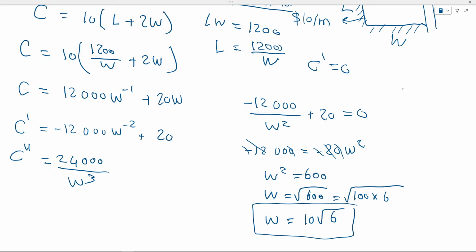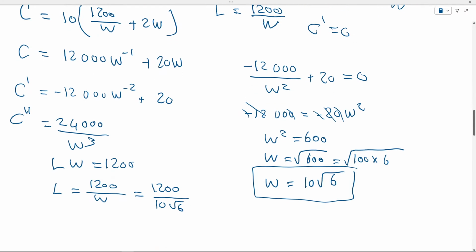If I got W, I can get the length easily because I know that length times W is equal to something like this. So what would be the length? The length would be this guy over W. So this guy over this guy.